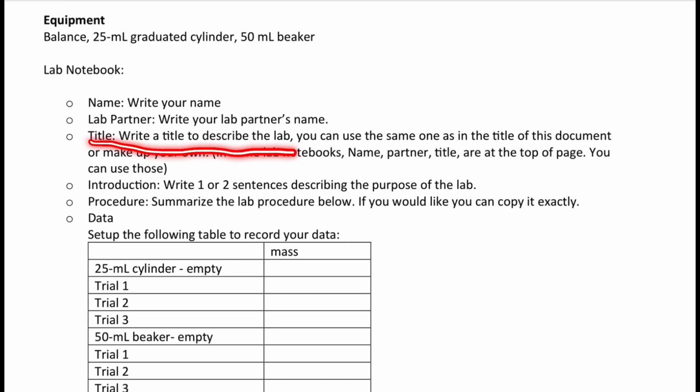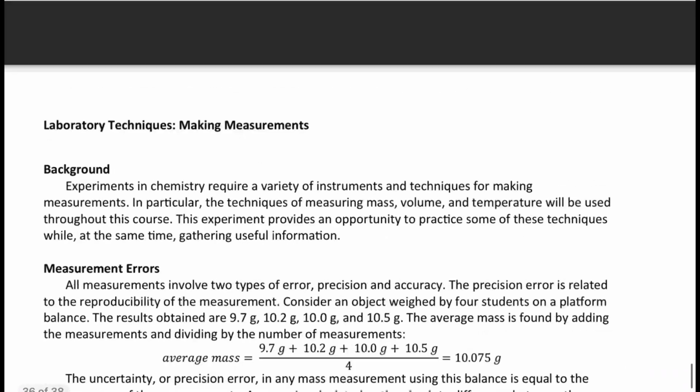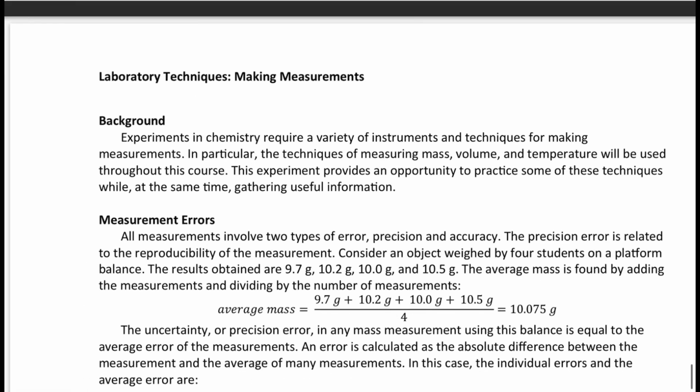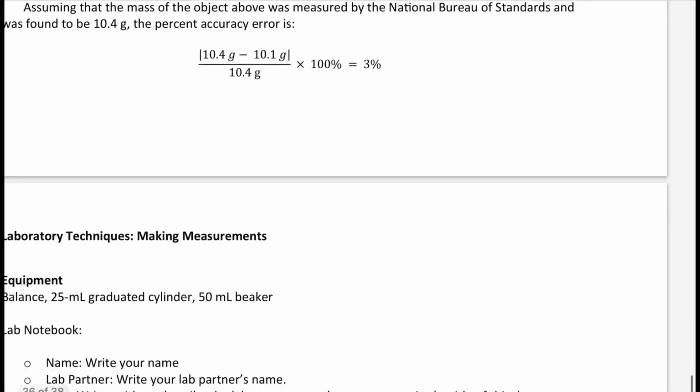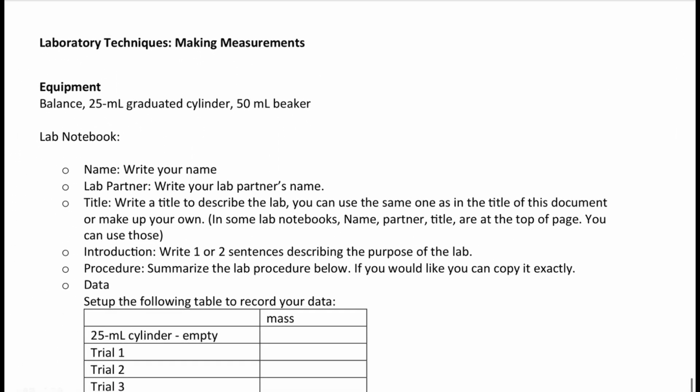And then title. So the title is something that you come up with, or you can use the title that I used. My title was Laboratory Techniques: Making Measurements. You can come up with something else. Measuring volume, precision in measuring volume, accuracy and precision to measure 24 milliliters, anything that you want, but it has to be reflective of the lab that you're doing.